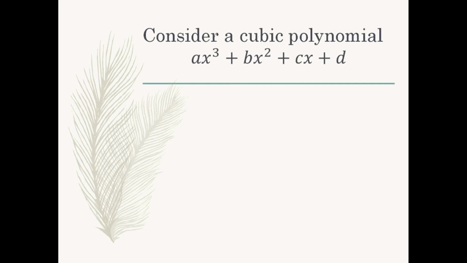Now let us consider a cubic polynomial ax cubed plus bx squared plus cx plus d. Here we can see there are 4 constants a, b, c, d. We will give different values for a, b, c, d and observe what happens to the graph.